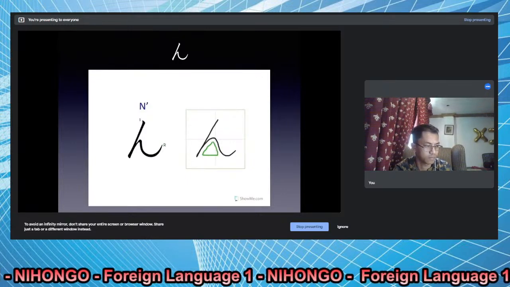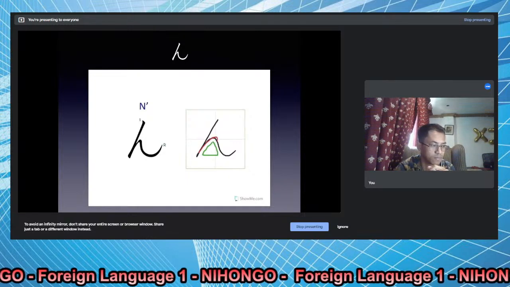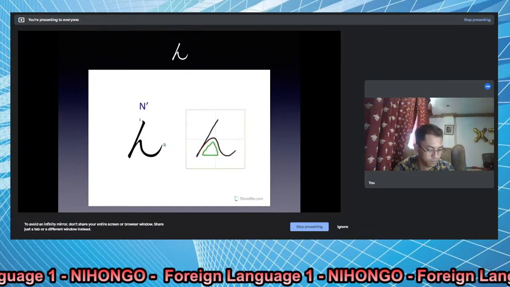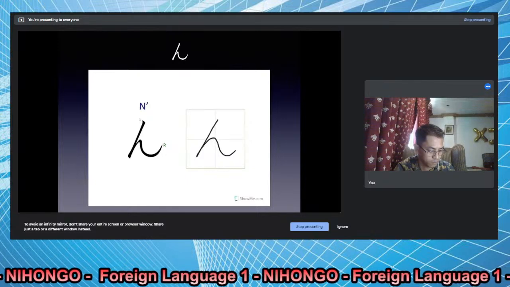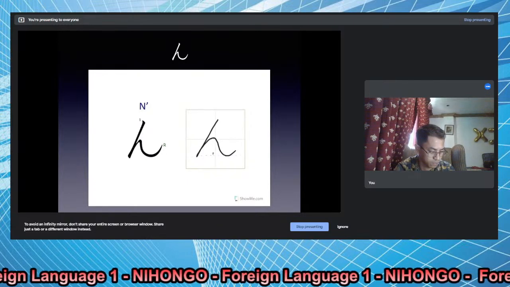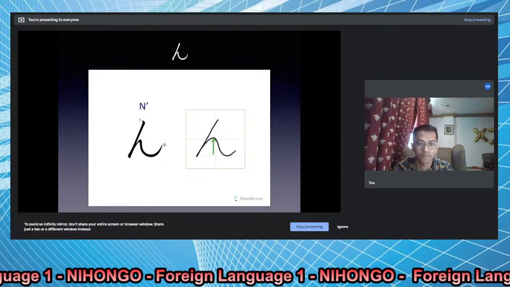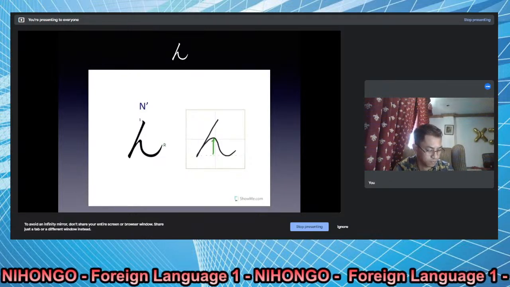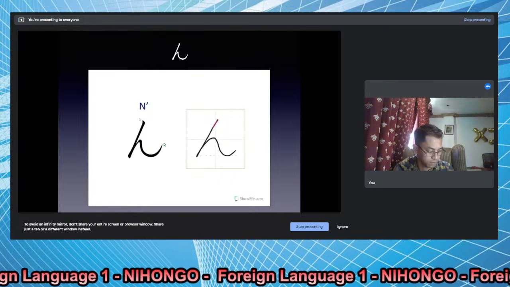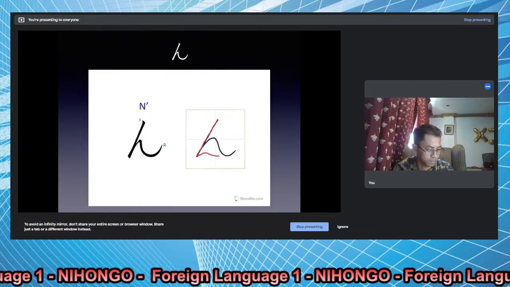The alphabet H, on the other hand, doesn't have the wide open area between the base of the letter. See the difference? Also, make sure to give enough height to this part. What I mean is, please do not write your N like this.